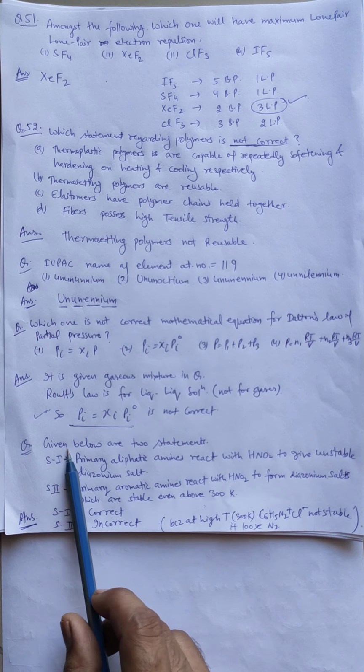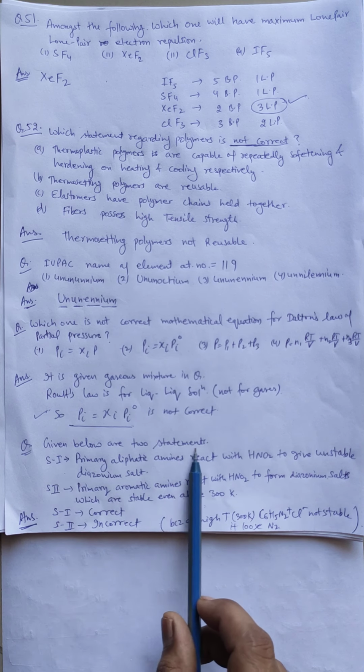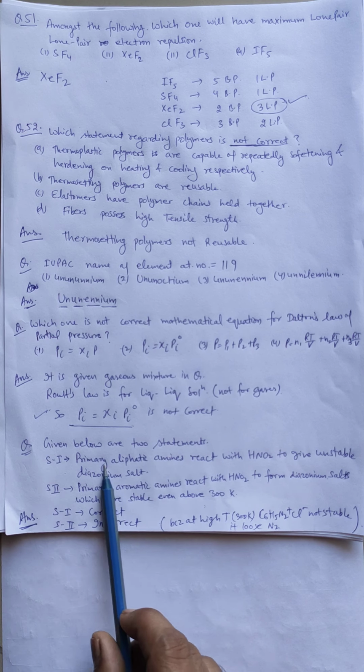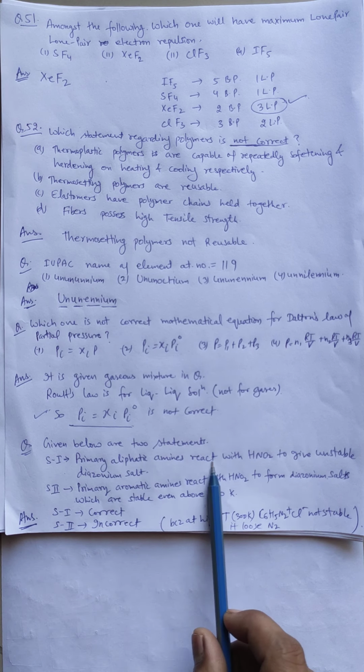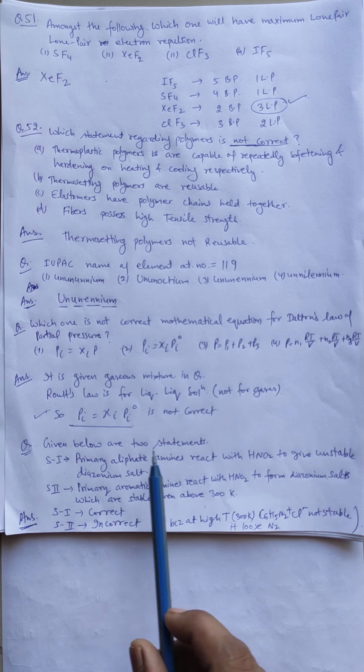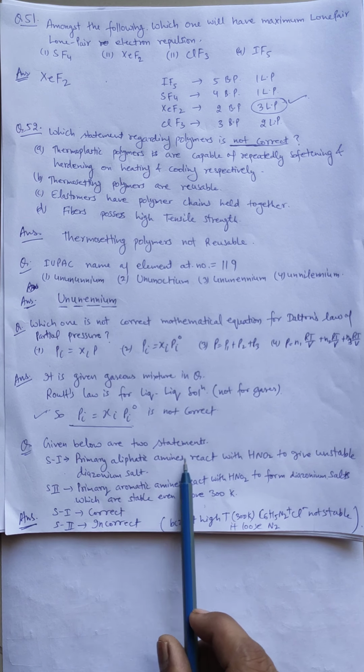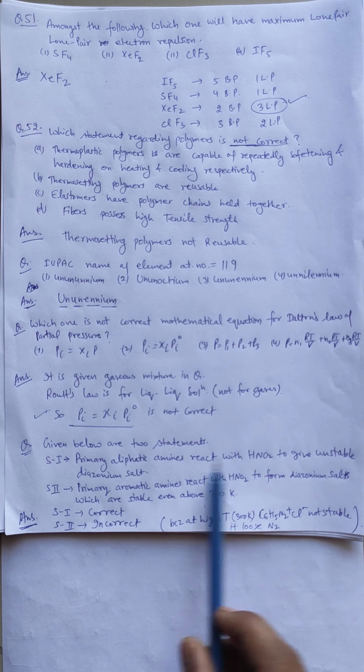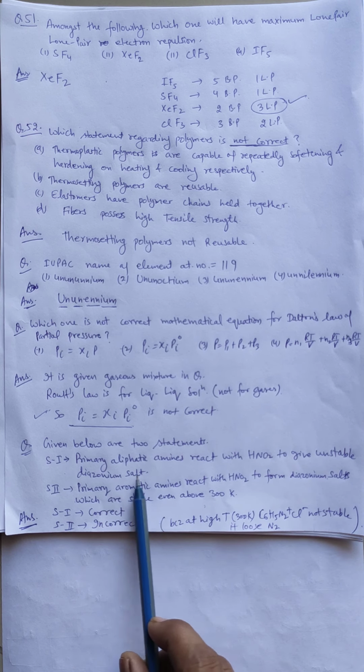Now the next question is, given below are two statements. Statement 1, primary aliphatic amines react with HNO2 to give unstable diazonium salt. Yes, it is correct.